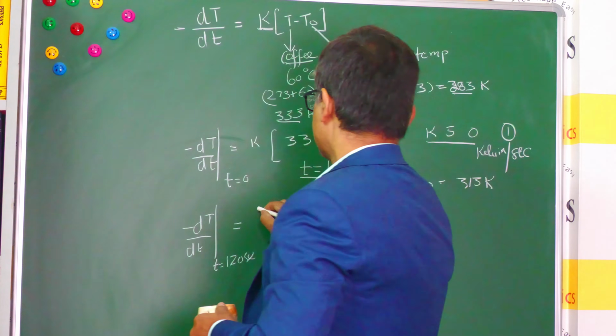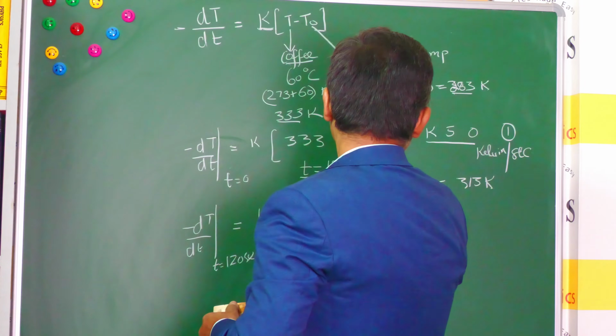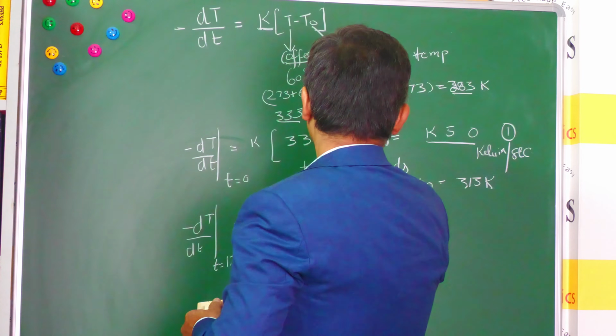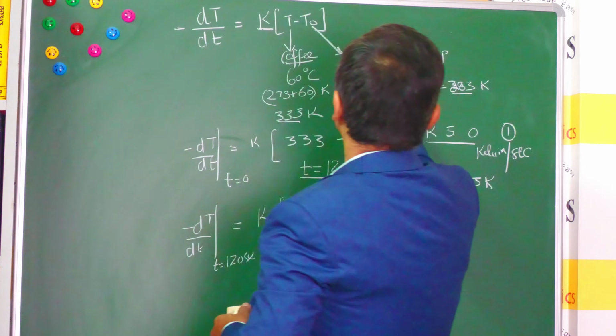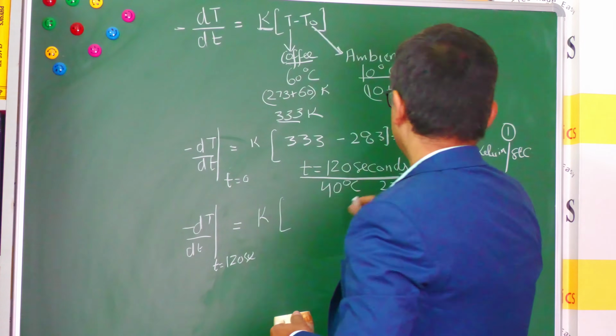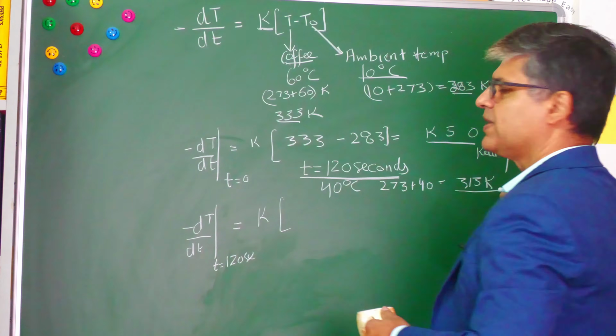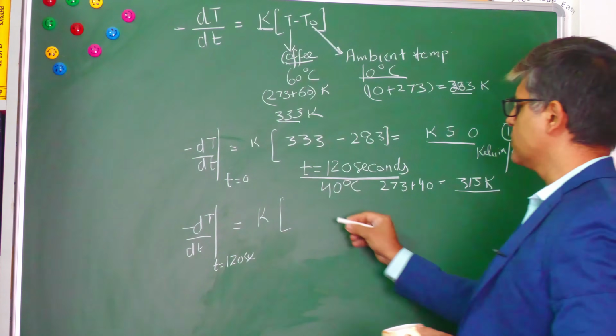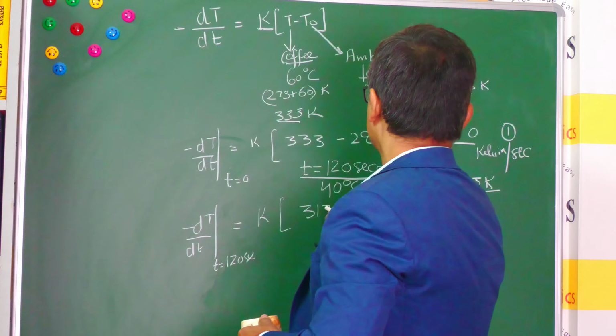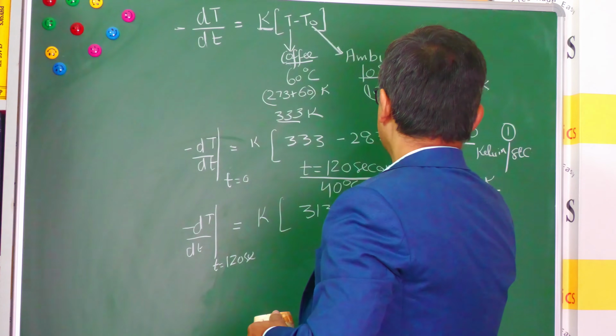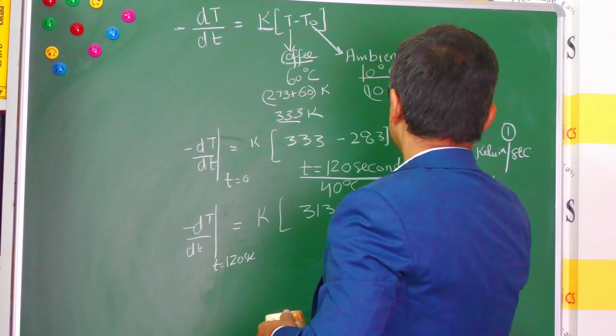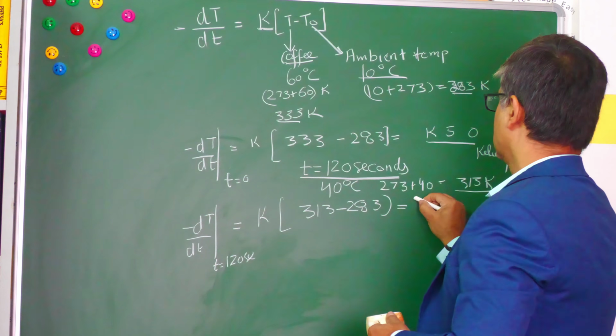And what I'm going to do is write this as K, so my room temperature remains the same, 283, but my coffee temperature is 313 right now. So 313 minus 283 is what I get, and this amounts to 30K.